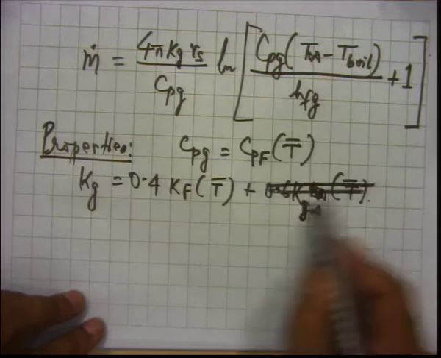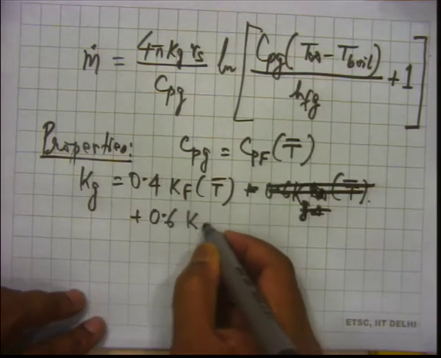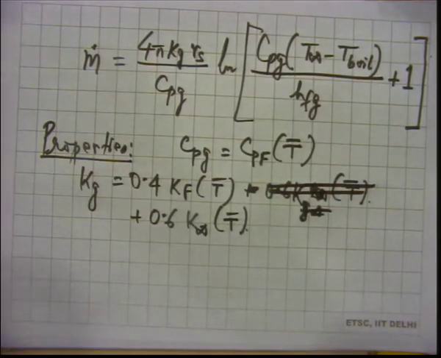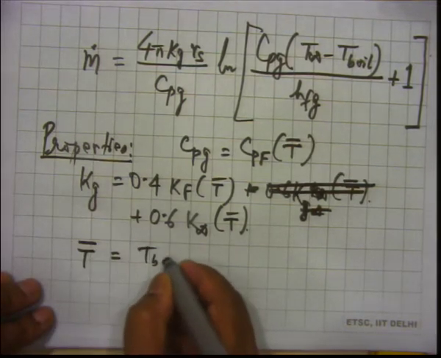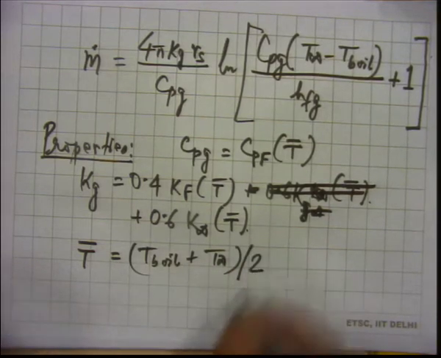Maybe I should write this again: 0.6 k infinity at T bar. And T bar is T boil plus T infinity divided by 2.